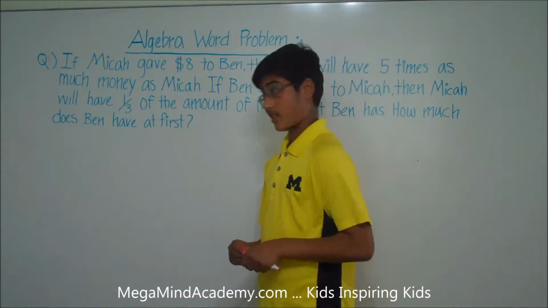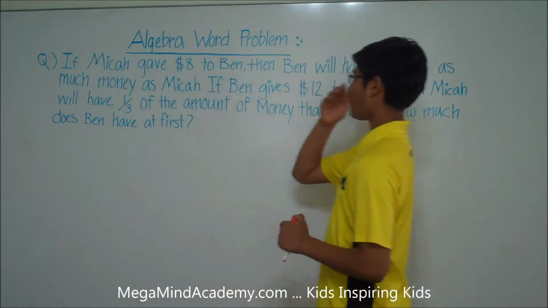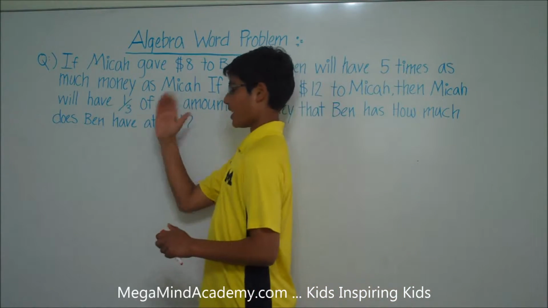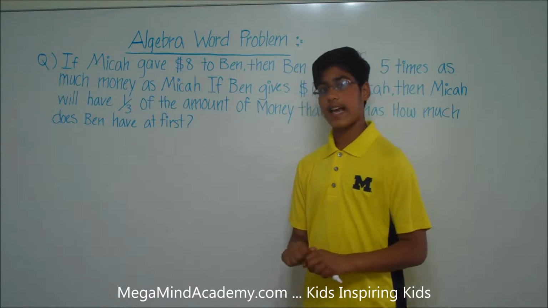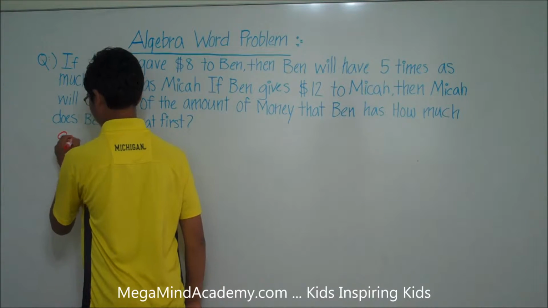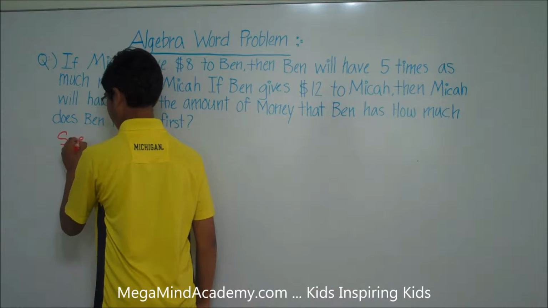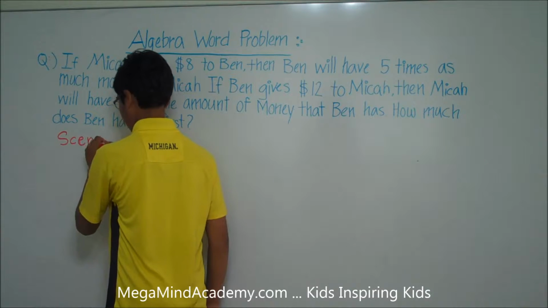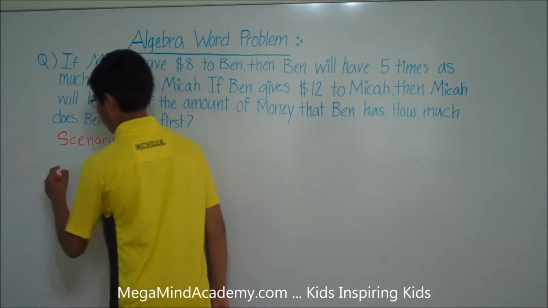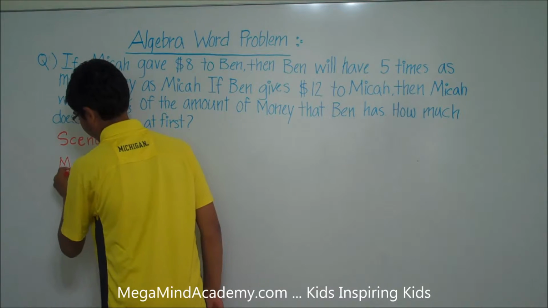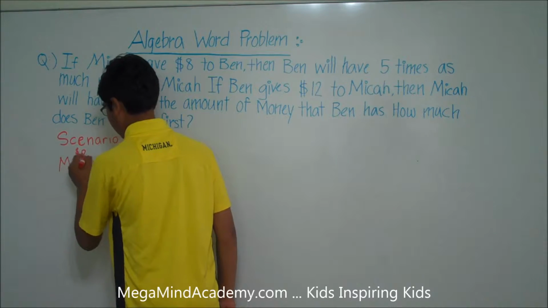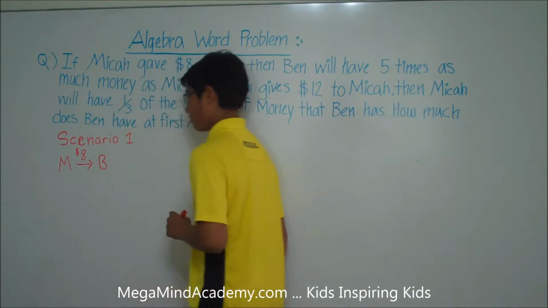Now the problem states that if Micah gave $8 to Ben, then Ben will have 5 times as much money as Micah. Let's label this as scenario 1. So in this column labeled scenario 1, Micah, M for Micah, gives $8 to Ben, B for Ben.